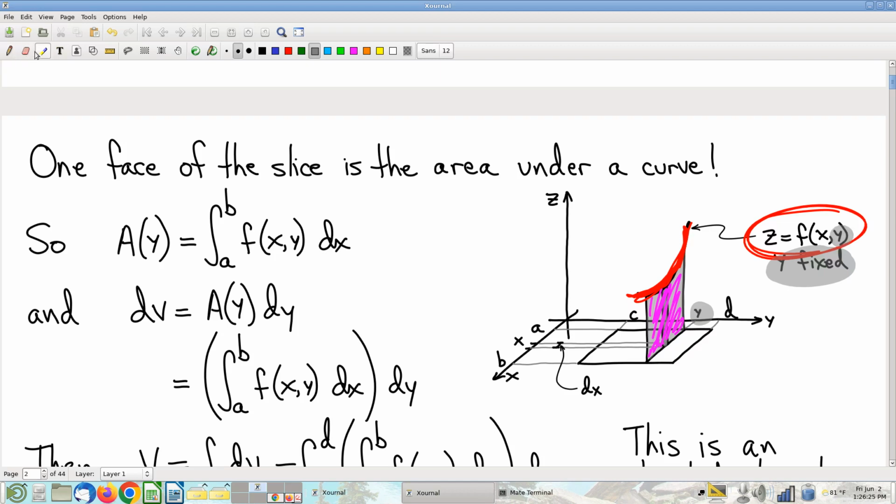And then I imagine that I let x go from A to B. So x now is thought of as my variable. With y fixed, and x going from A to B, there's a curve here that is the cross-section of our surface, and we're literally interested in the area under the curve.